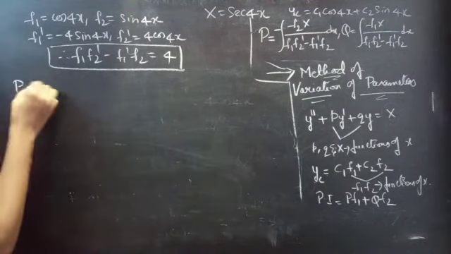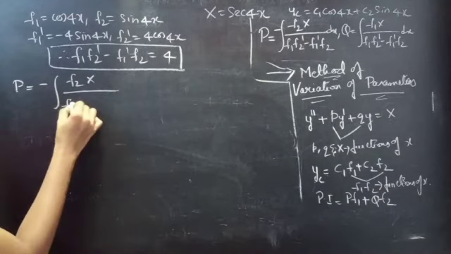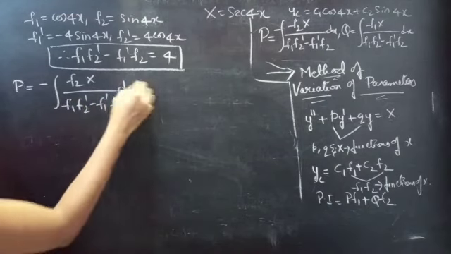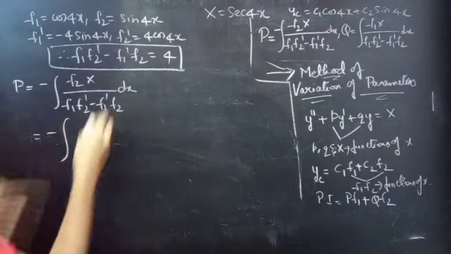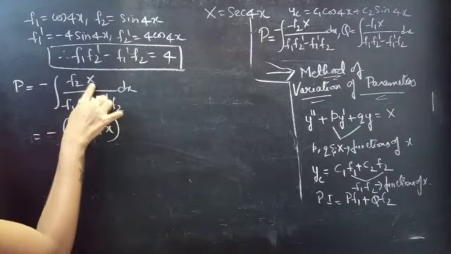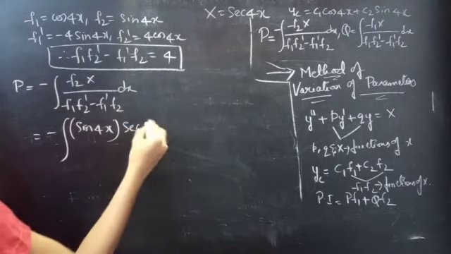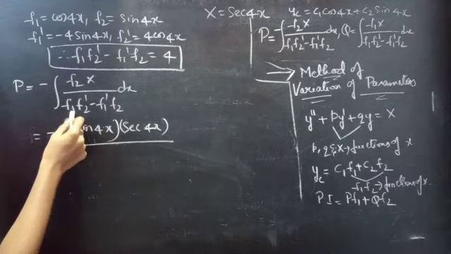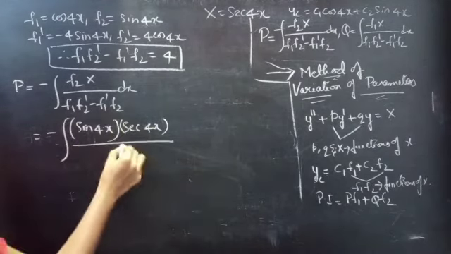We have p equals minus integral f2 X by f1 f2 dash minus f1 dash f2 into dx, which equals minus integral f2. We have f2 equals sin 4x into capital X, the RHS part, secant 4x, by the value of f1 f2 dash minus f1 dash f2. We already have this value, right? 4 into dx.